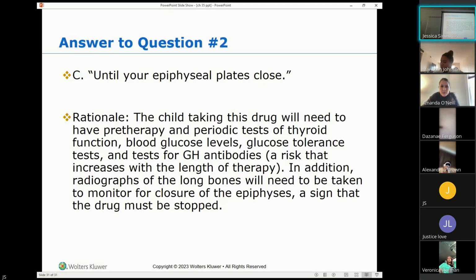The child taking this drug will need pre-therapy and periodic tests of thyroid function, blood glucose levels, glucose tolerance tests, and tests for growth hormone antibodies because they're at risk for developing antibodies, remember? And in addition, you want to get x-rays throughout the process of the long bones because you need to monitor for when the epiphyses close. Because what happens when they close? There's no more growth. The growth stops in the long bones.